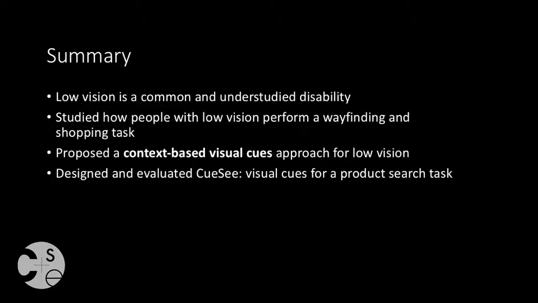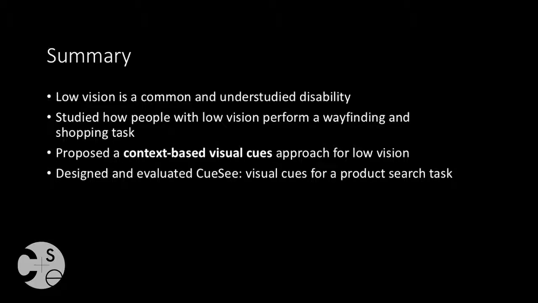So in summary, I just wanted to go over the topics and the contributions that I've discussed. I talked about low vision and how it's an extremely important and pervasive disability, but it's been very understudied in human-computer interaction and accessibility.